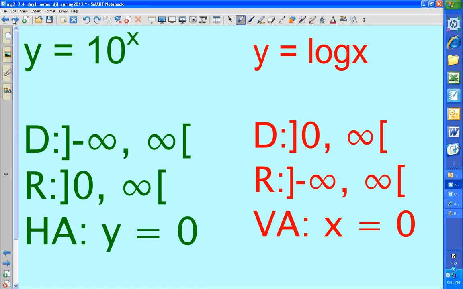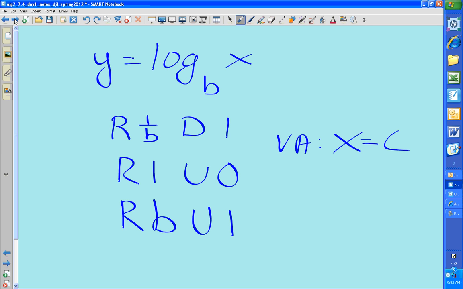Horizontal and vertical asymptotes? So the parent graph for log base b of x, this is the movements that we have. And they are the reverse of 10 to the x, or b to the x. Remember when we had b to the x, we went right 1, up b.